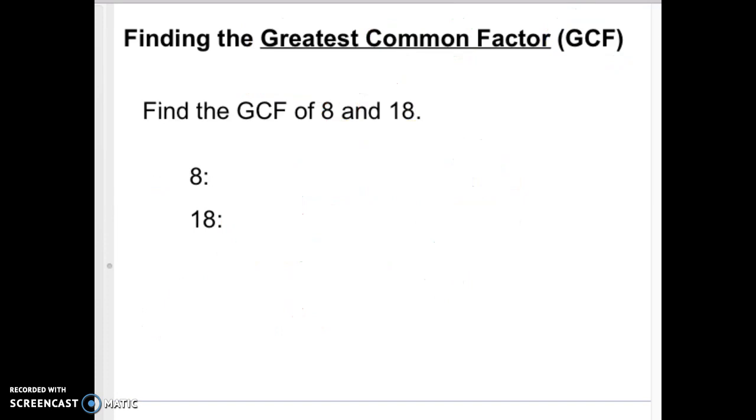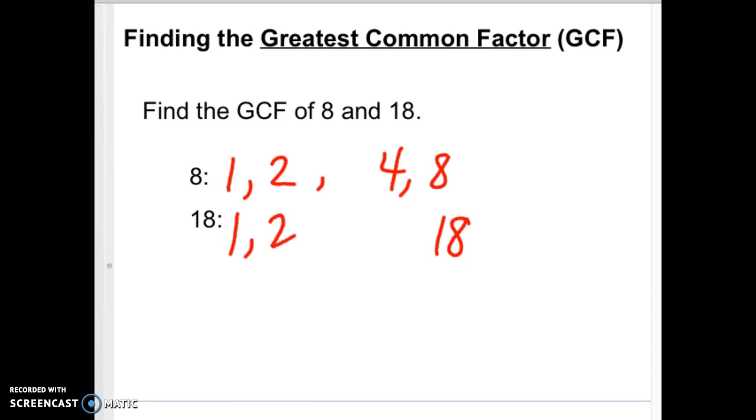Here's another example. Find the GCF of 8 and 18. I'm going to start by listing all the factors of 8. 1 and 8, 2 and 4. And that's all of them. Now I'm going to list the factors of 18. 1 and 18. It's an even number, so I know that 2 goes into 18. 2 and 9.